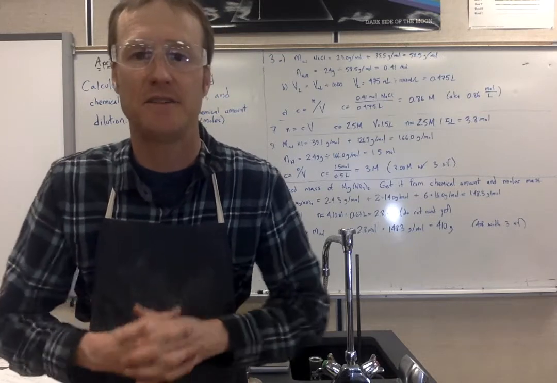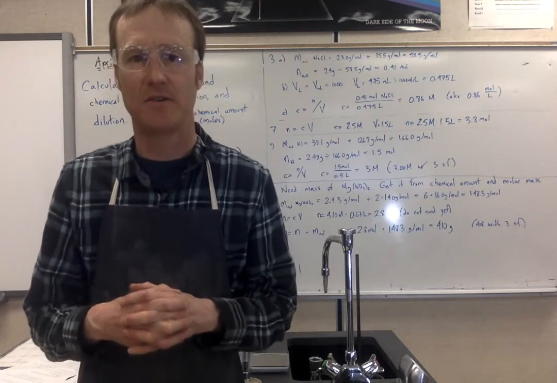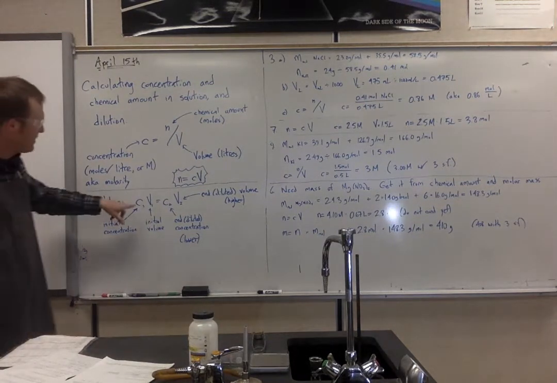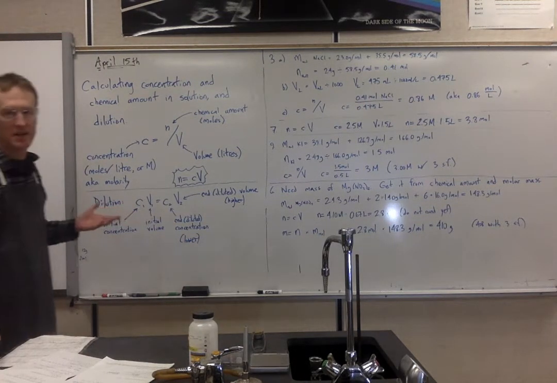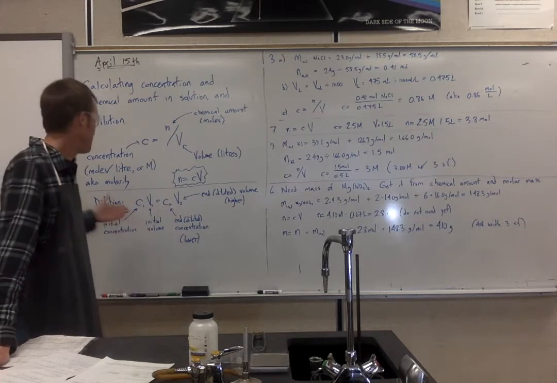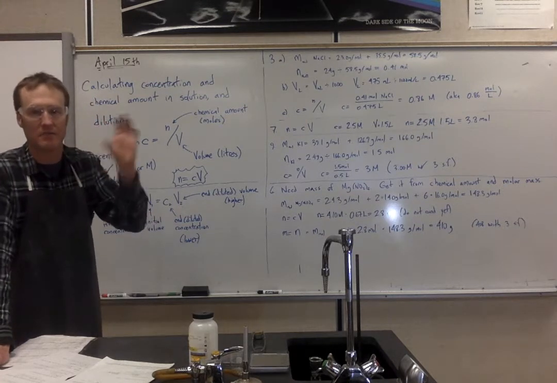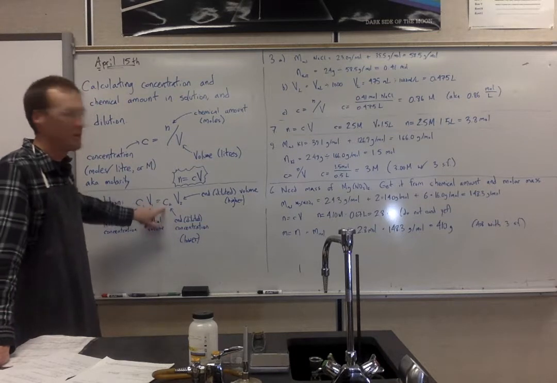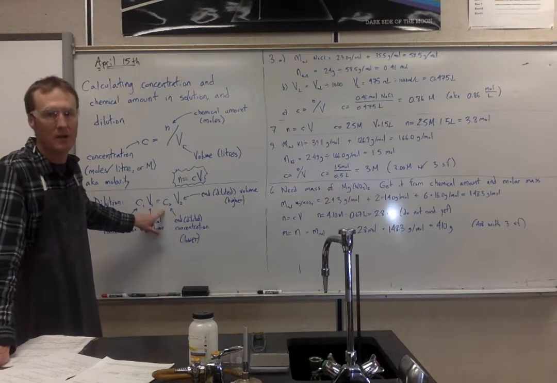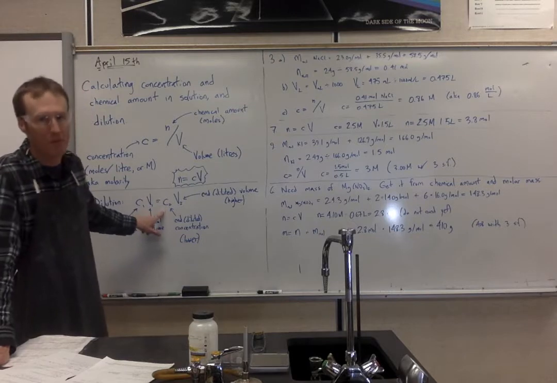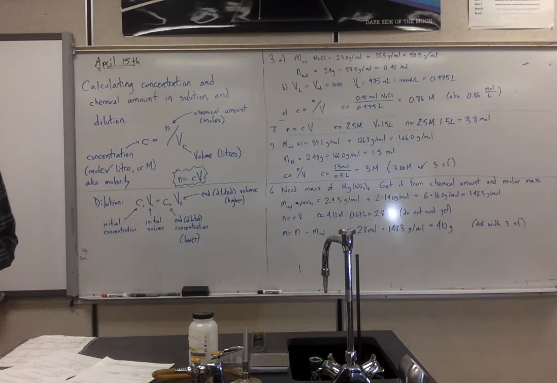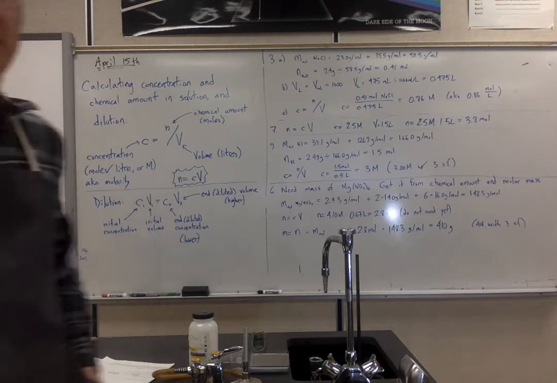Maybe we have that 18 molar stock acid solution, and we know we have an initial volume of, say, 10 milliliters of that, a very small amount. And we want a final concentration of 0.1 moles per liter. What is our volume going to be that amount of acid will be dissolved in?